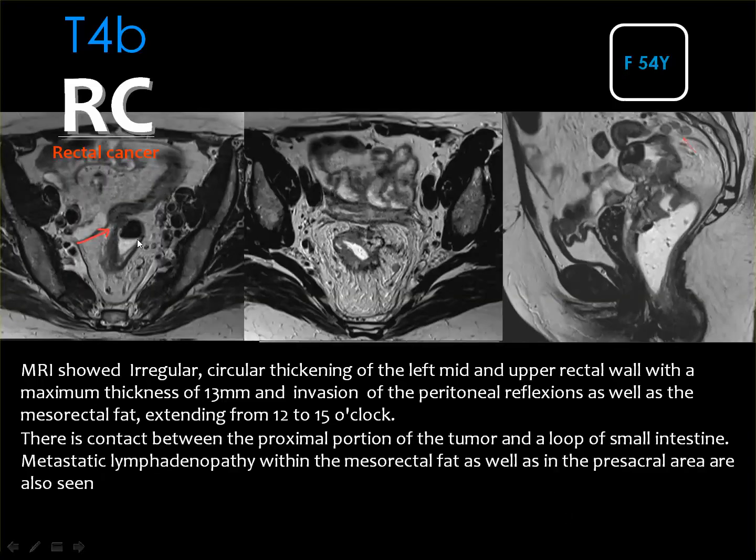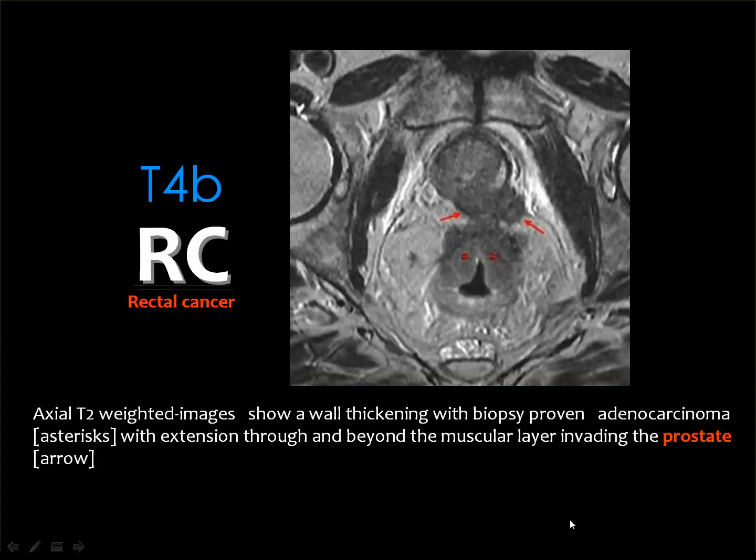Then in this axial image, you see that the tumor is invading one of the small bowel loops, and this indicates that you are dealing with stage T4b, and this may be clearly seen in the sagittal image. Also, you can see presacral lymphadenopathy. Then here, the tumor is invading the prostate, and this means that you are dealing with stage T4b.